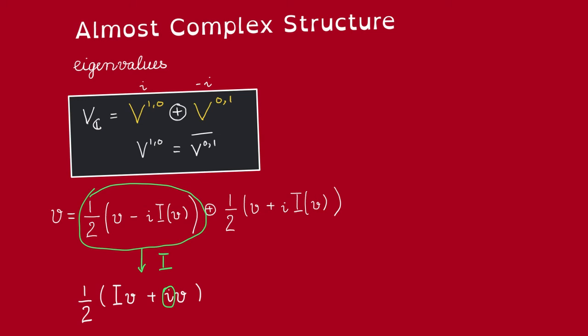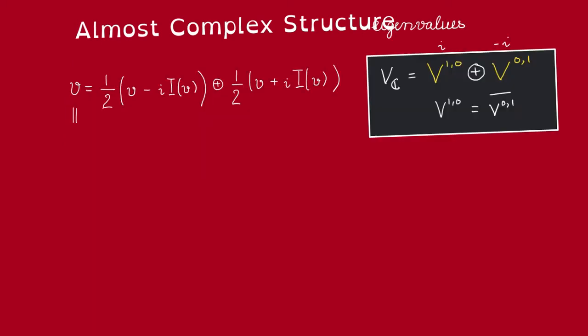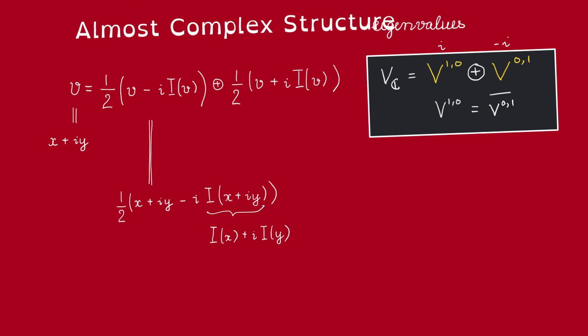Now let's check why conjugation takes one factor into the other. To that end, let us write this v as x plus iy. Then in that case, its (1,0) component can be rewritten as... Now we can expand this because this big I is supposed to be complex linear, so it's linear over C. We can then collect the real part and the imaginary part and get the following.